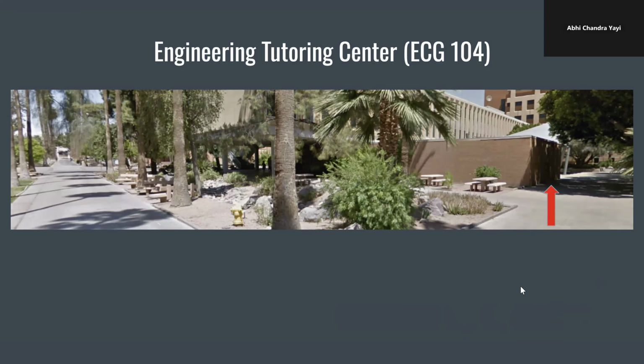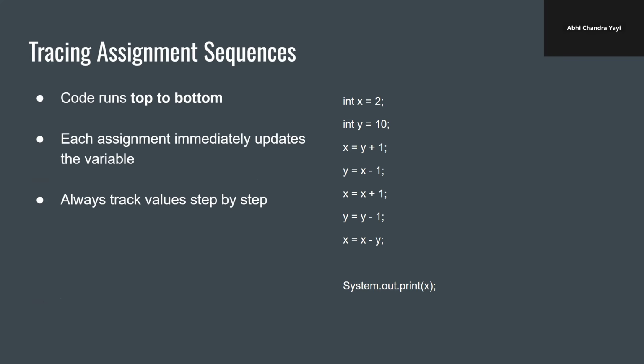So let's start. Tracing assignment sequences. When tracing assignment sequences, the most important rule is that the code runs from top to bottom, and each assignment updates the variable immediately. You should always track the values step by step, and if needed, write down the values of variables after each line. So, let's look at this example here.